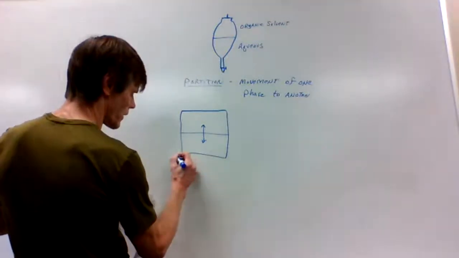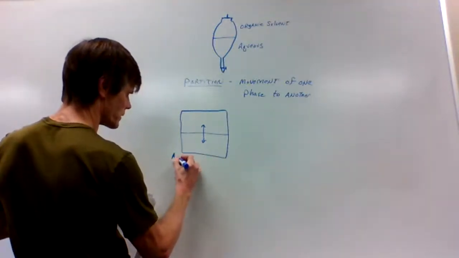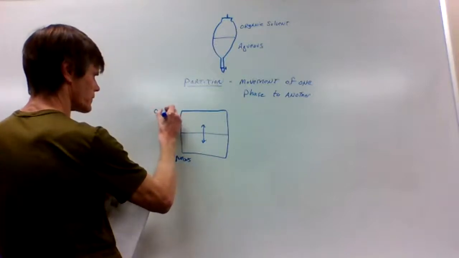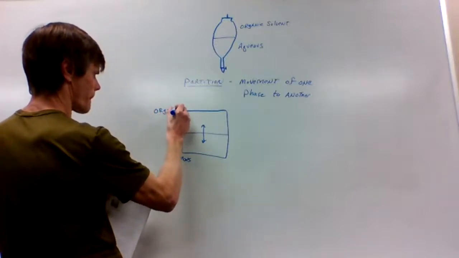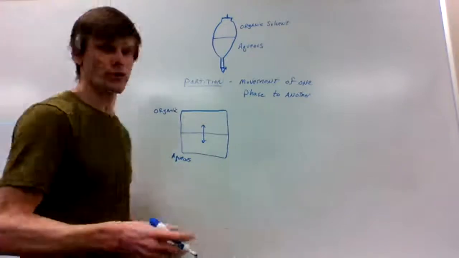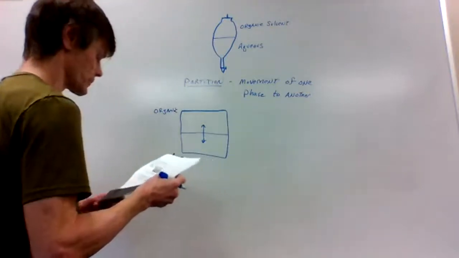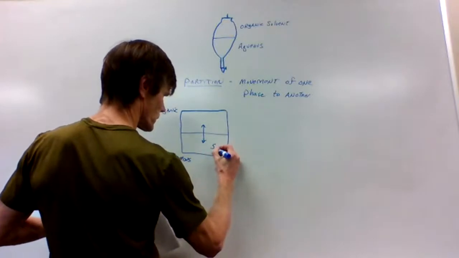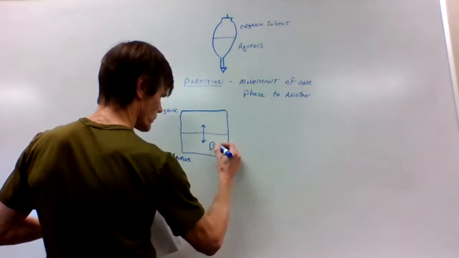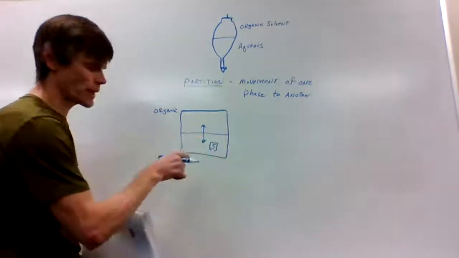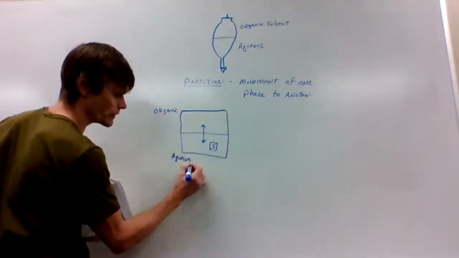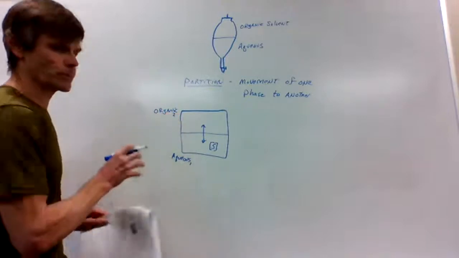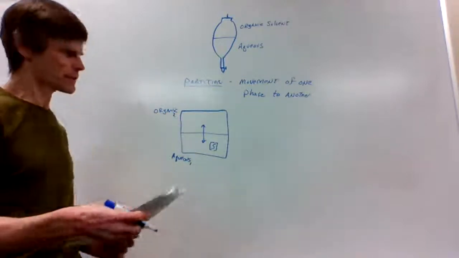And if this is our aqueous phase down here, and this is our organic phase, and our species, we'll just call it S, our analyte that we're focusing on. Square brackets represent the concentration, and we'll give this a subscript 1, and we'll just call this subscript 2, just so we can identify these.